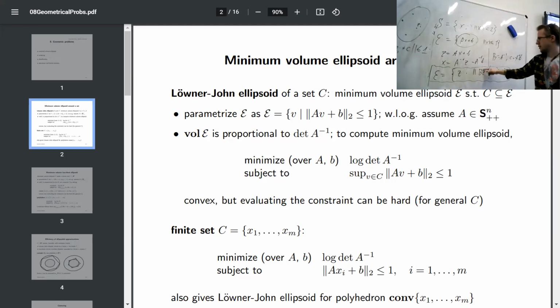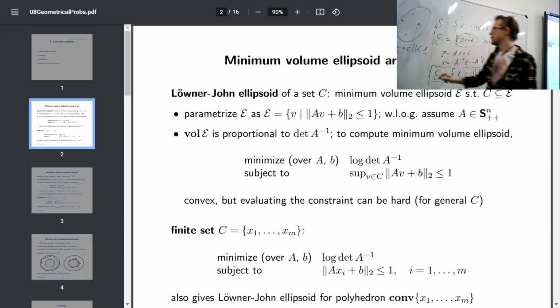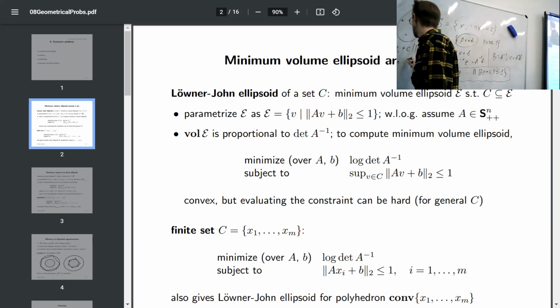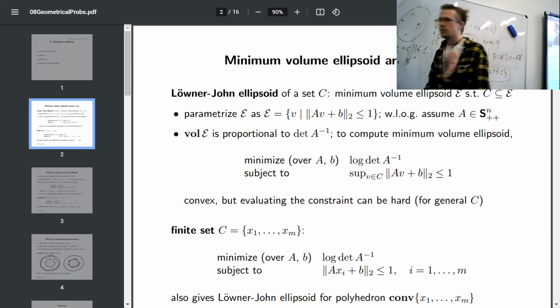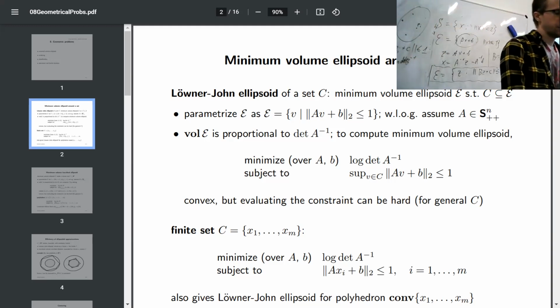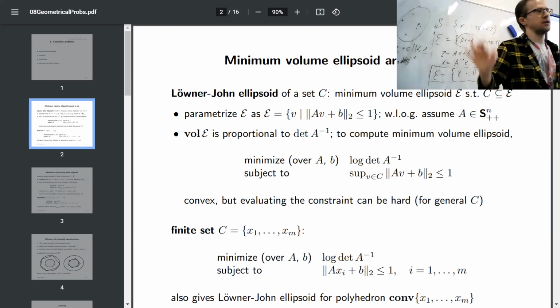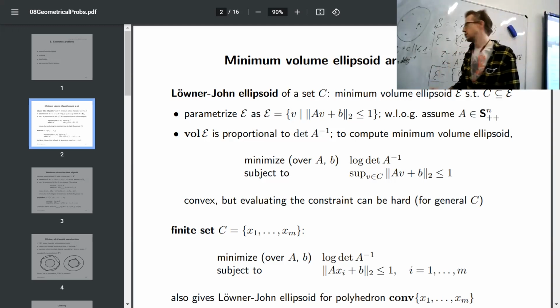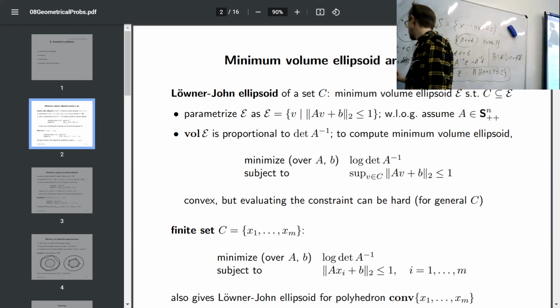If we minimize this guy, it's going to maximize this guy. So it's going to maximize the volume. So we actually want to minimize A, so B to the power minus 1. So we want to minimize the determinant of B to the power minus 1. But actually, it turns out it's much easier to minimize the logarithm of the determinant, not the determinant. That's just how it is. Not going to go into details. So we actually minimize log.